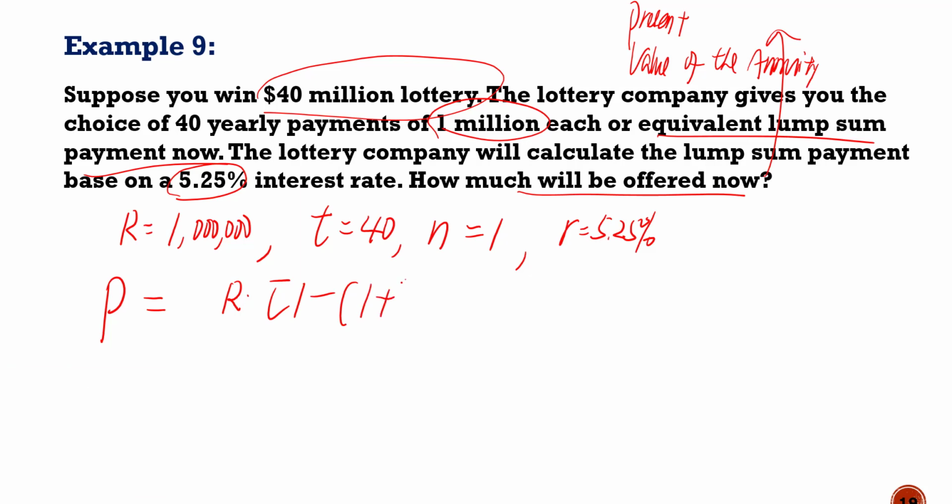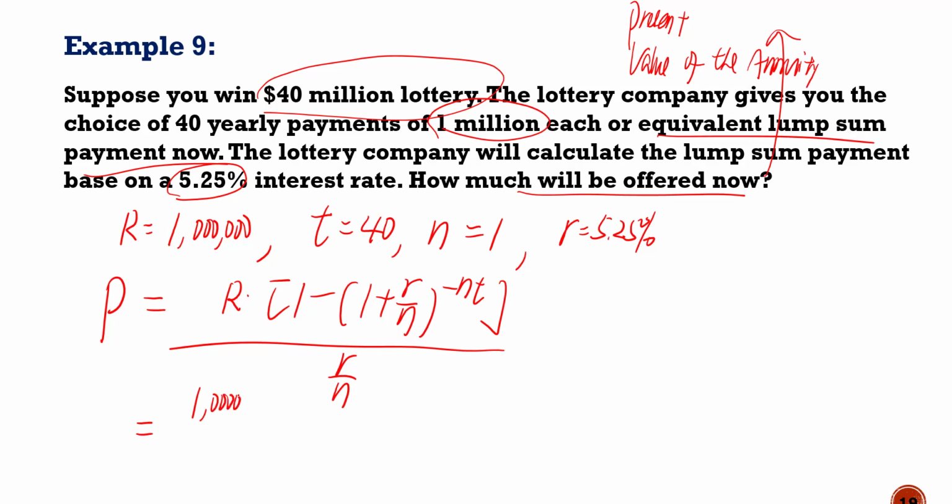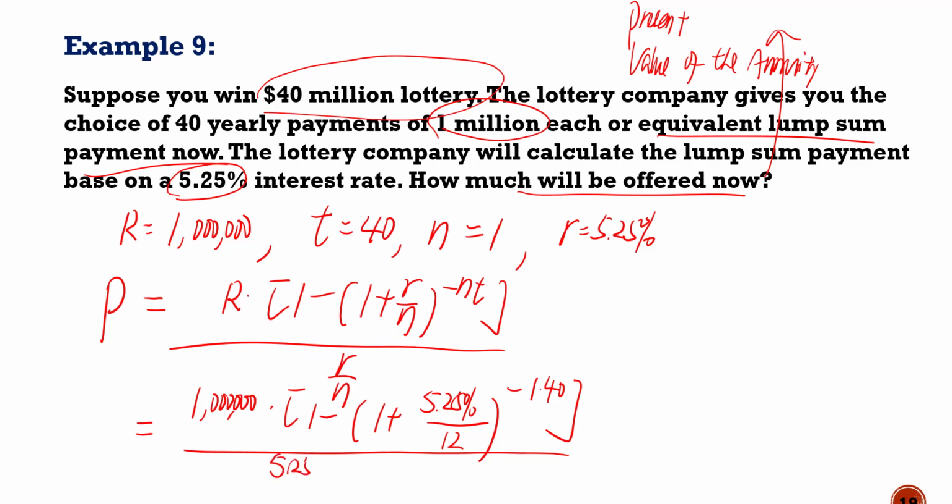So the regular payment is $1 million times 1 minus 1 plus the rate, 5.25%/1, raised to negative 1 times 40, divided by 5.25% over 1. Let's see what the present value annuity is in Excel.